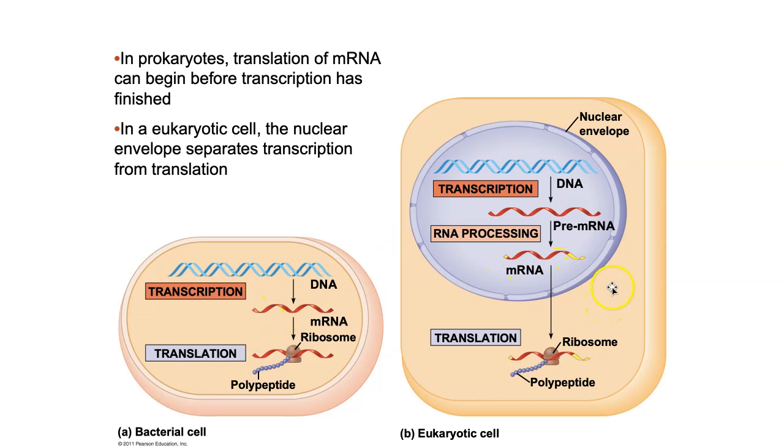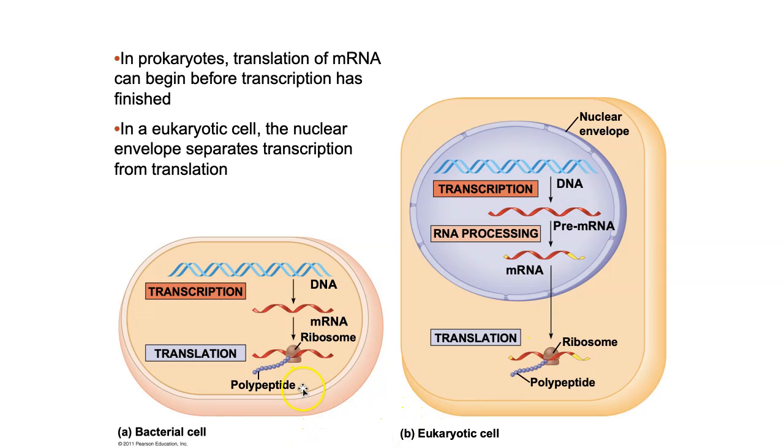You'll see here that transcription is occurring in the nucleus. So we're reading the DNA and creating our primary transcript, our pre-mRNA. We modify it into the final mRNA. That transcript has to leave the nucleus before it can find a ribosome and become translated.